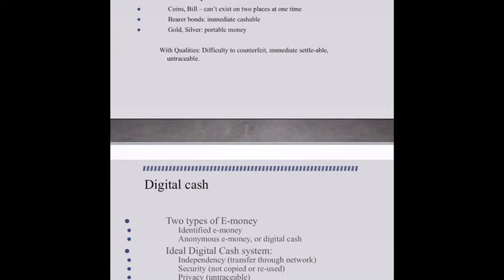So digital money is money that's electronic. We can't touch it, but our money is only saved digitally.